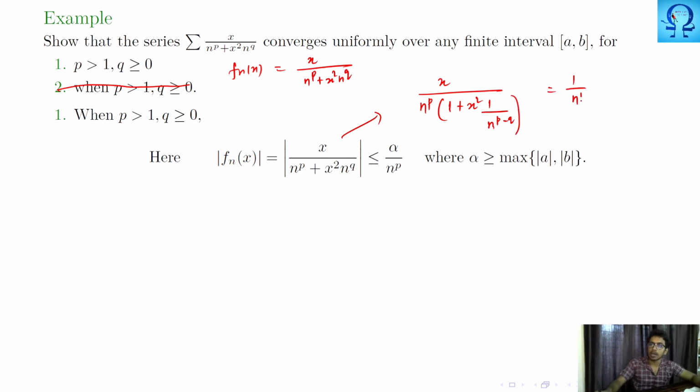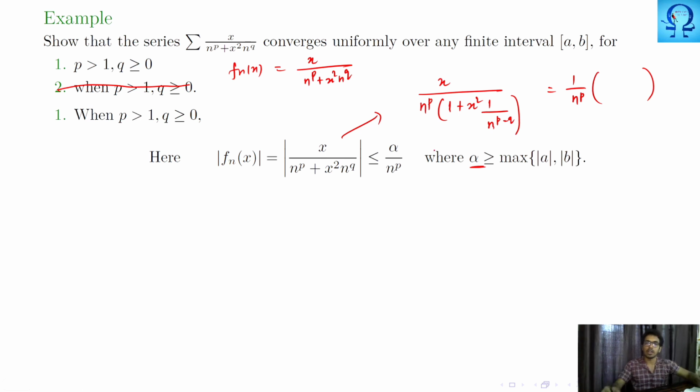So this 1 upon n to the power p we have as it is, and whatsoever that is there, from this we will get, and we are saying that it is in the interval a b. So whatever is the maximum of absolute of a and b, that will be our alpha. Okay, so it is bounded by that quantity because x is present on both the sides, and this will make us go near 0.